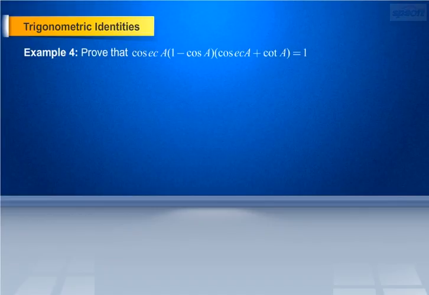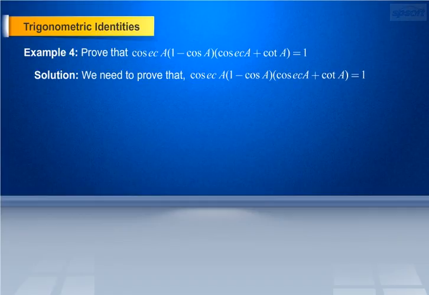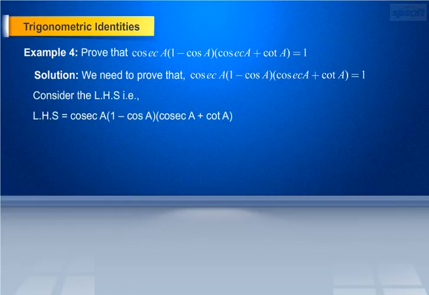Example 4. Prove that cosecant A into 1 minus cos A into cosecant A plus cot A equals 1. Solution: we need to prove that cosecant A into 1 minus cos A into cosecant A plus cot A equals 1. Let us solve from left hand side to make it equal to the right hand side.